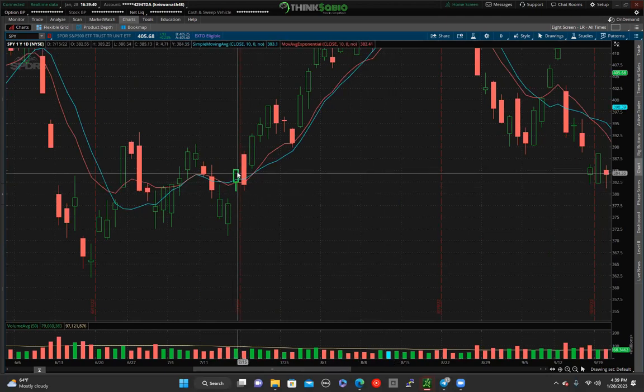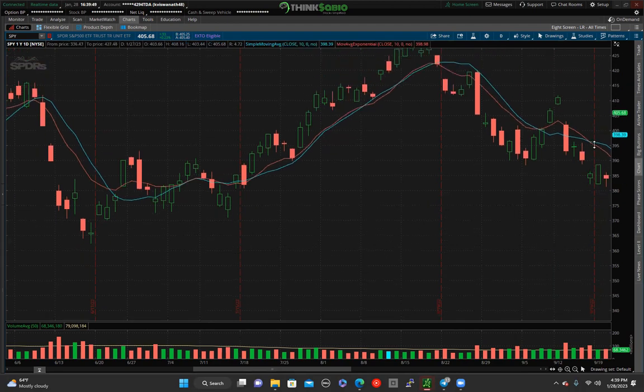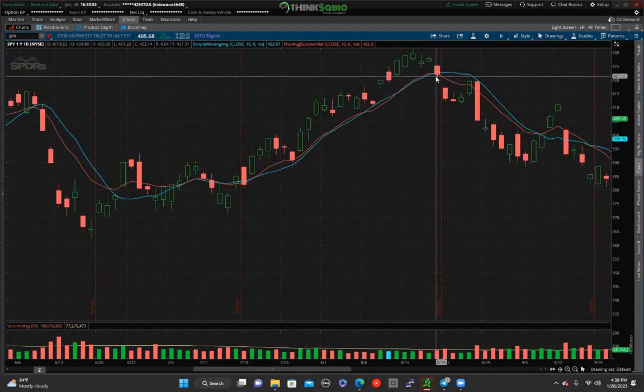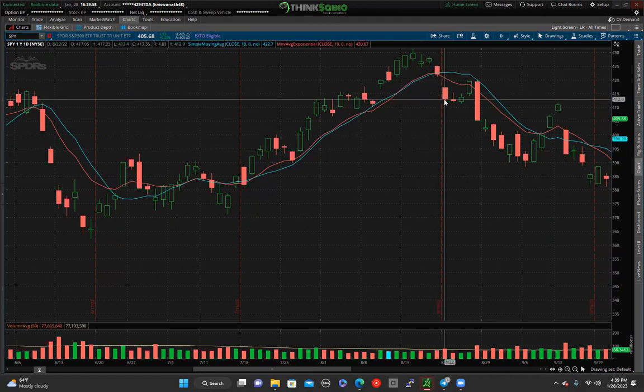Let's say here, the price closed above the moving average, and then it closed below it. So one would have exited, but it closed above the moving average. So they will trade SPY from 392 till 421. If they did not close it here, they can close it at 412.